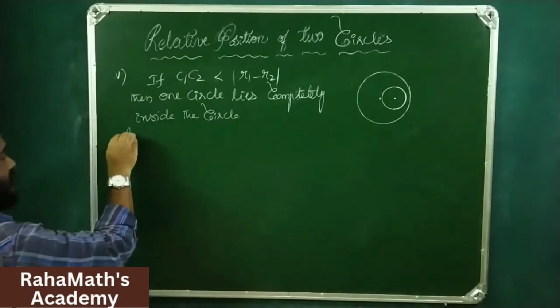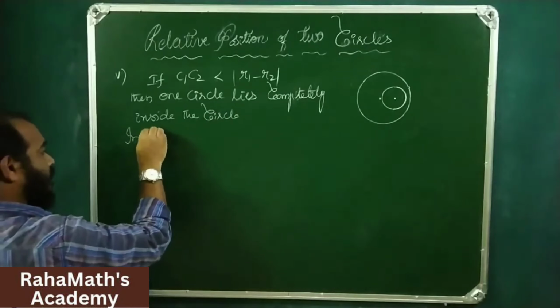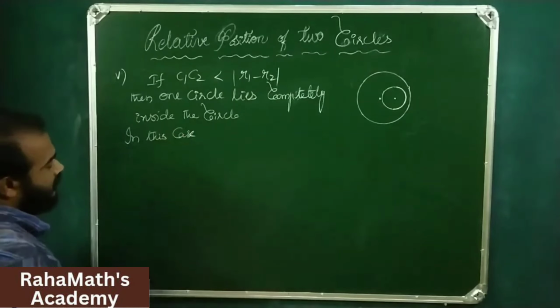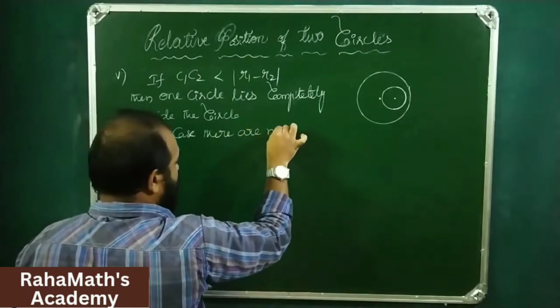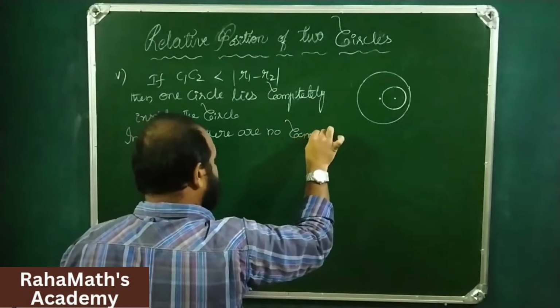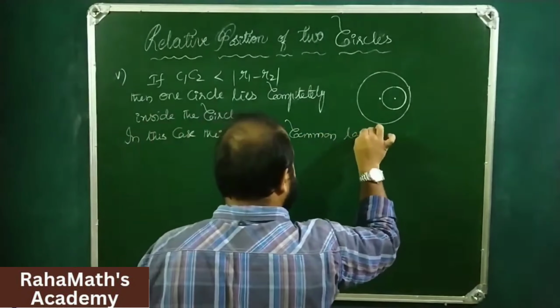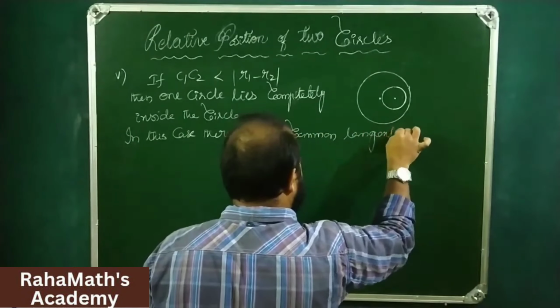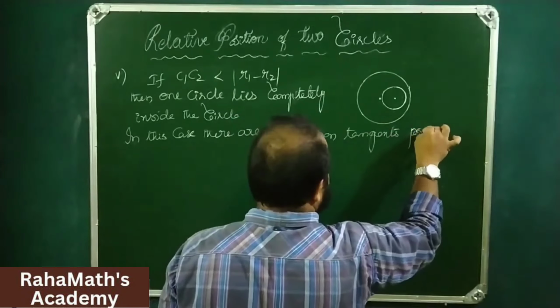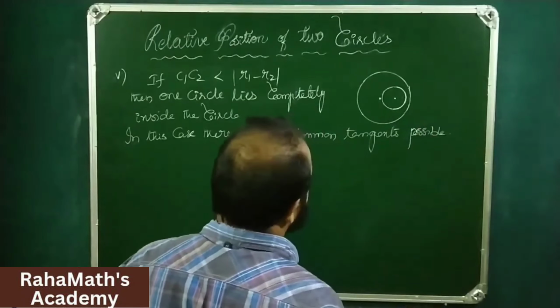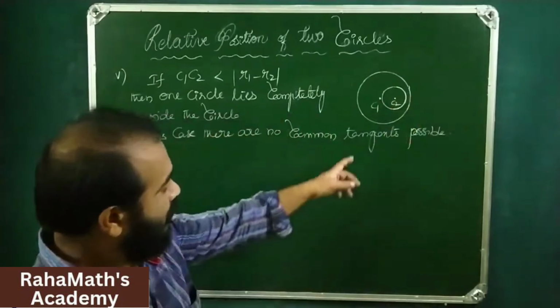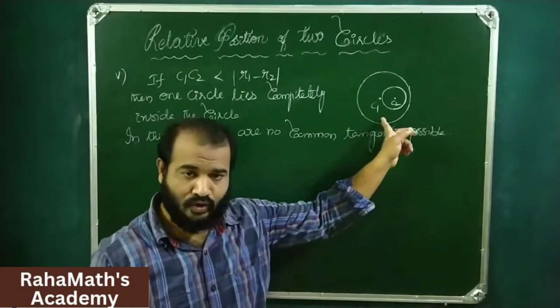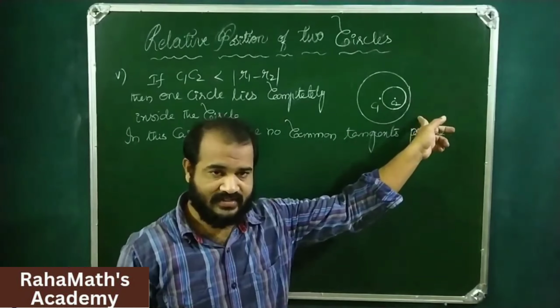In this case, no common tangents are possible. So this is C1 and this is C2. You can see there is no common tangent possible in this case.